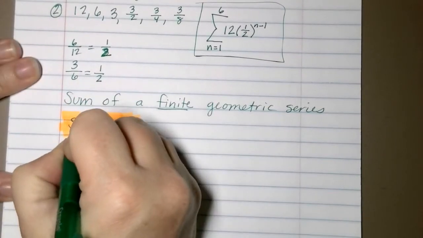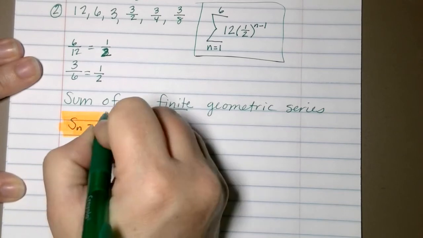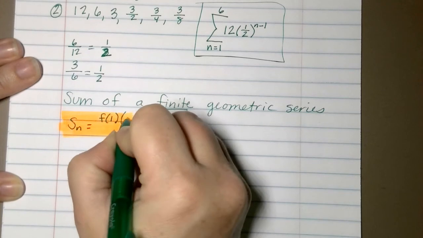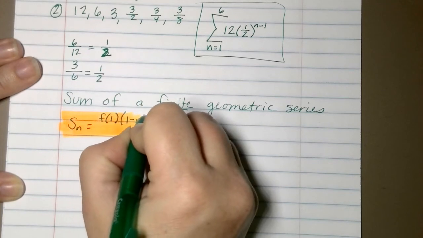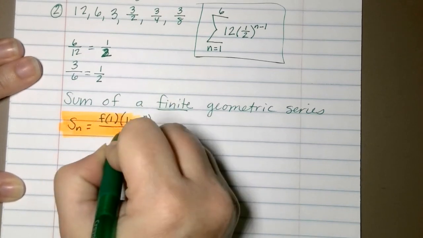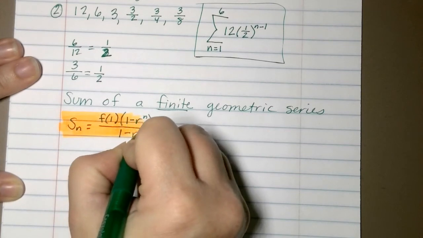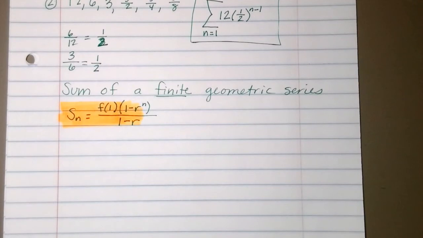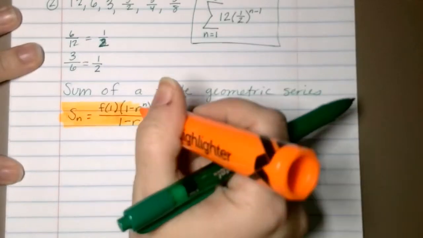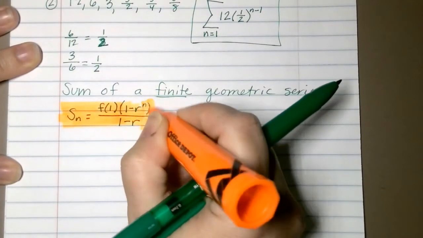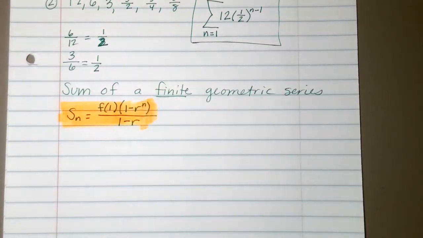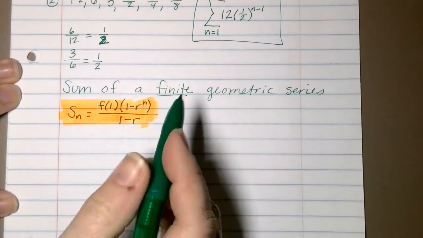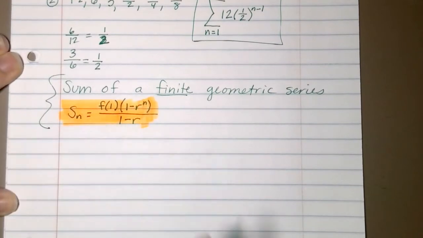So, S of n equals f of 1 times 1 minus r to the n over 1 minus r. So there's our new formula for today.